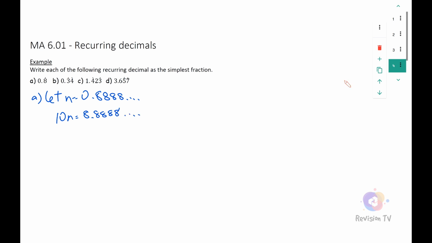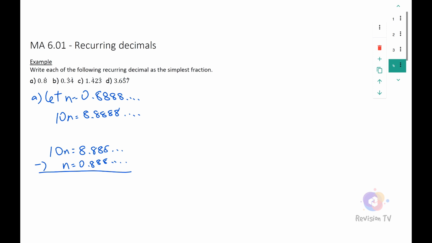So 10n equals 8.8888. What I can do next is use 10n, subtract n. If I rewrite the whole thing out, 10n equals 8.888 and n equals 0.888. I can do a little column method, subtract them, because the 0.888 will cancel out. That's why we did the previous exercise.